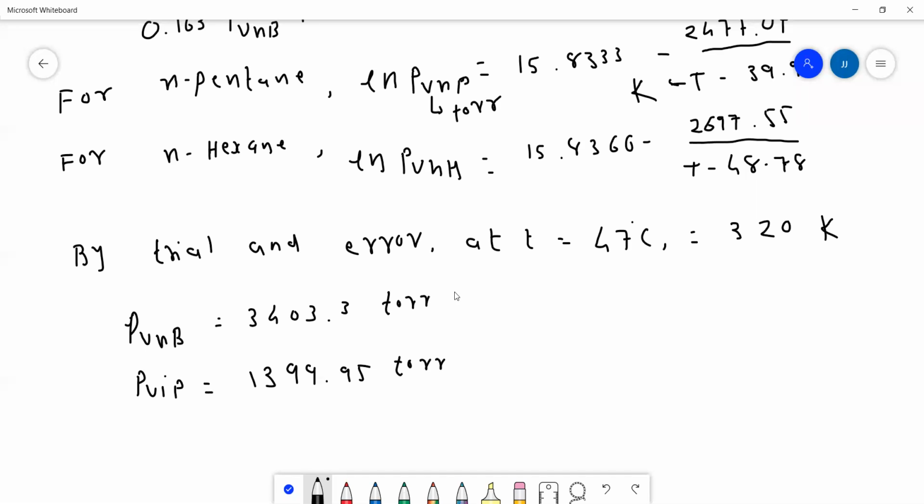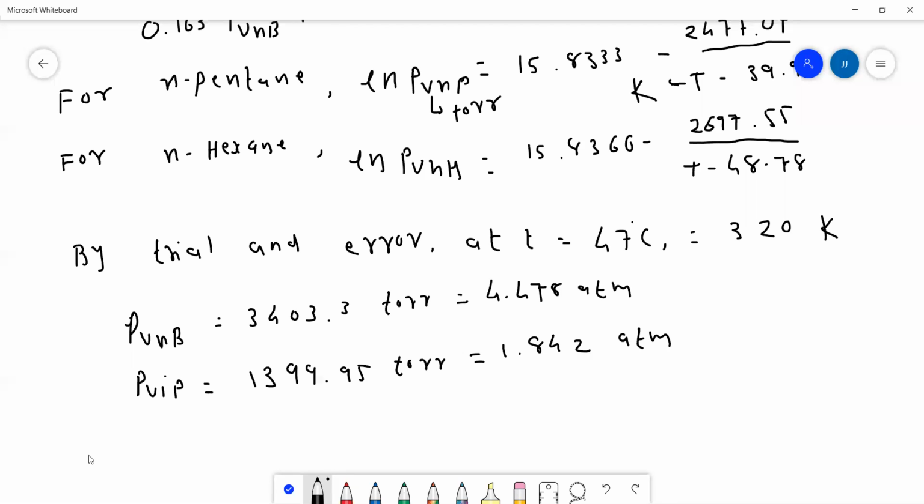Let me write in atmosphere also: this is 4.478 atmosphere and 1.842 atmosphere.